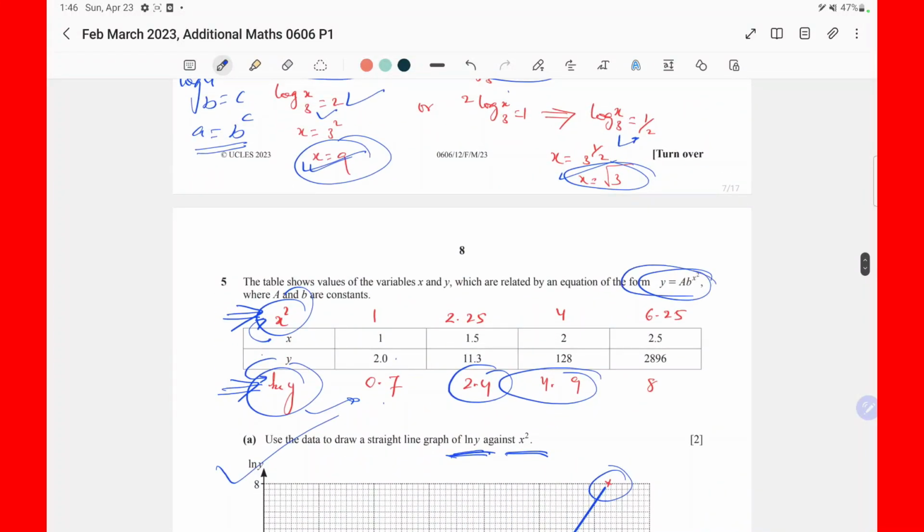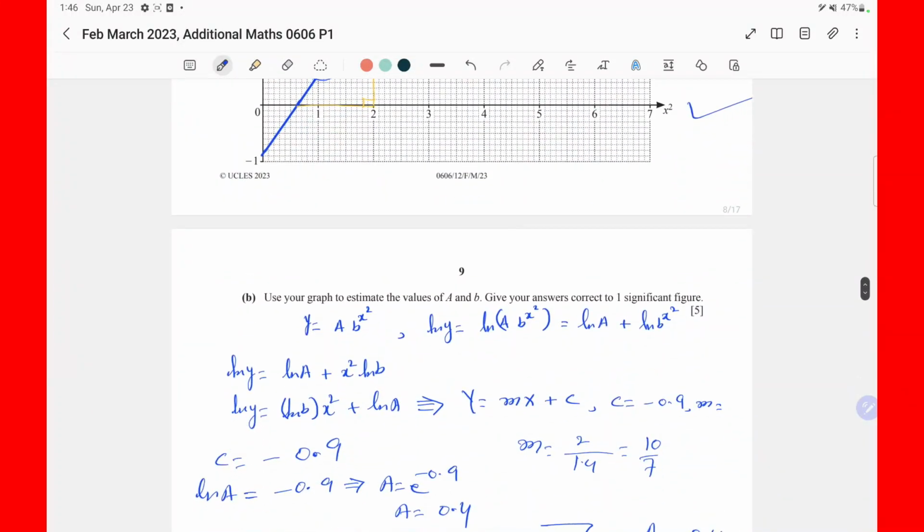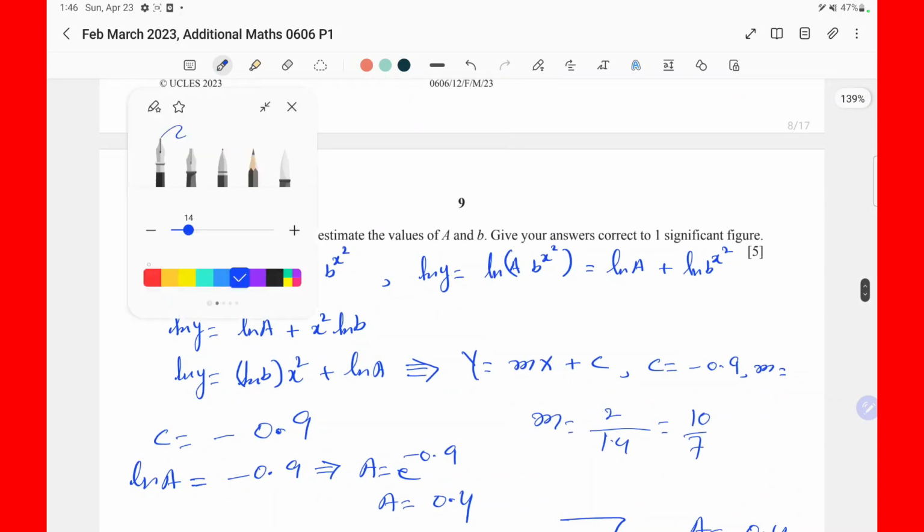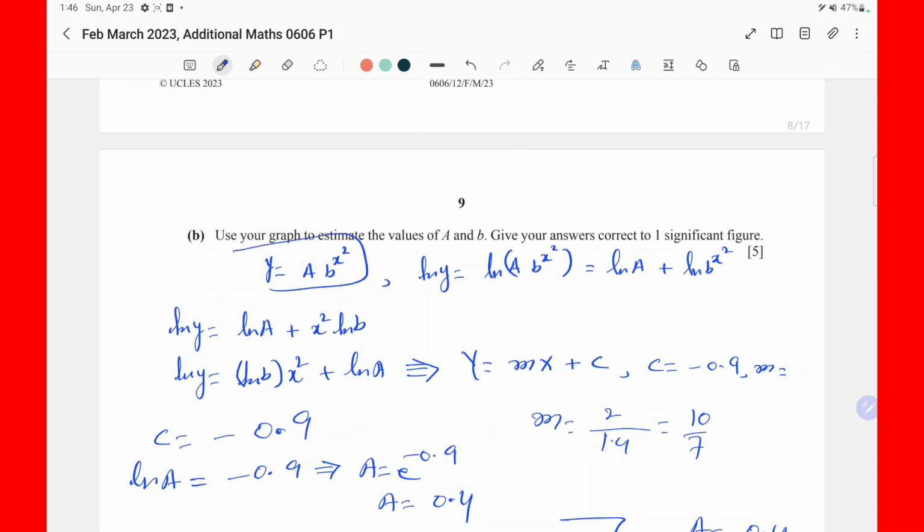First of all, we have to look at y equals a b to the power x square. Now I will apply ln both sides. So ln y equals ln of a b to the power x square.